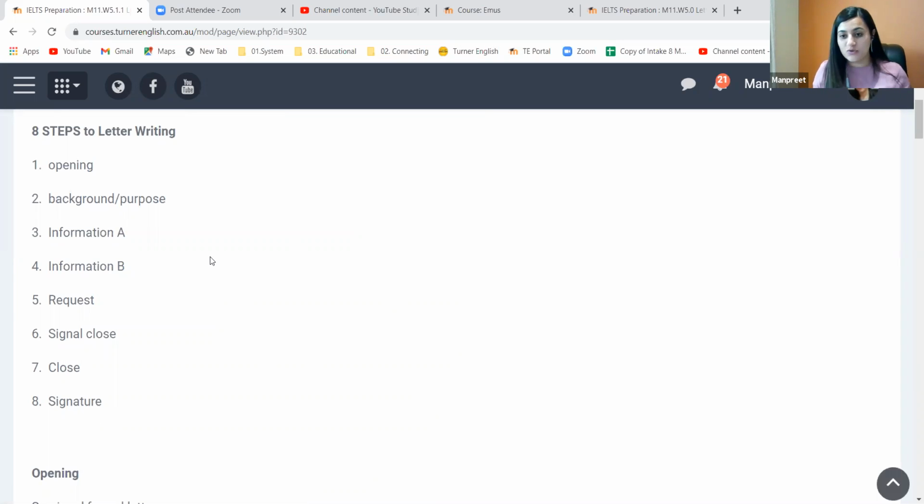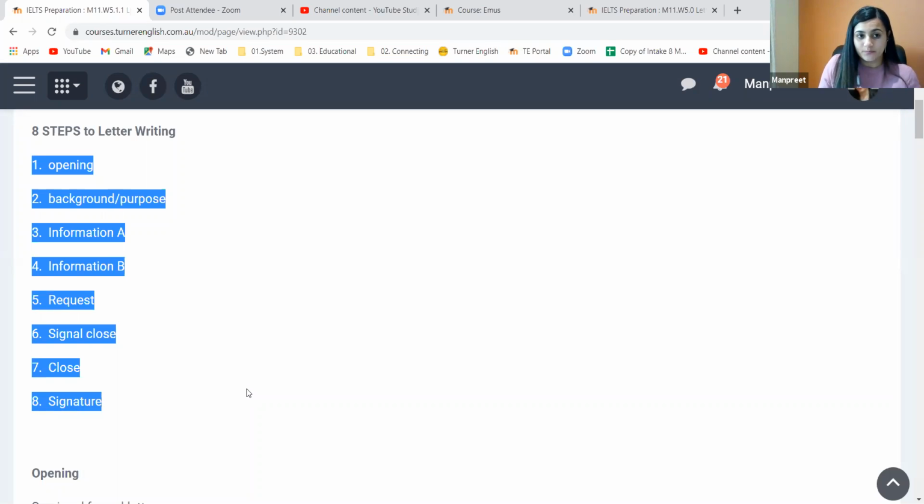It can be for general English or IELTS, whoever is writing it, and it can be any type of letter. This is the structure, the format of writing a letter. If you miss any of these steps, it would be an error. So just remember there are 8 steps and these are the steps.